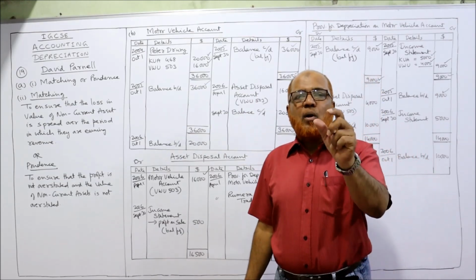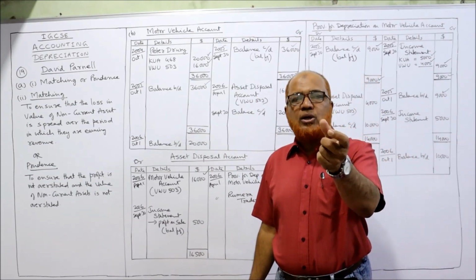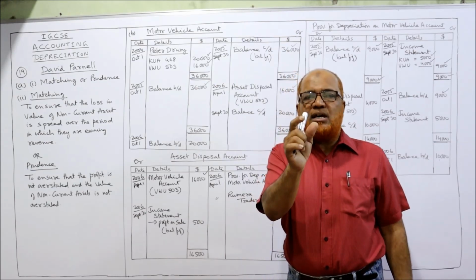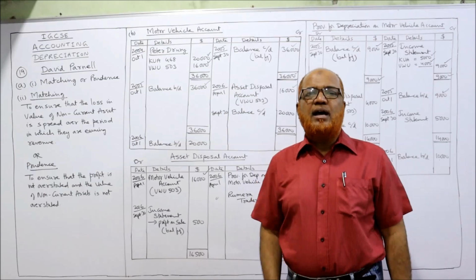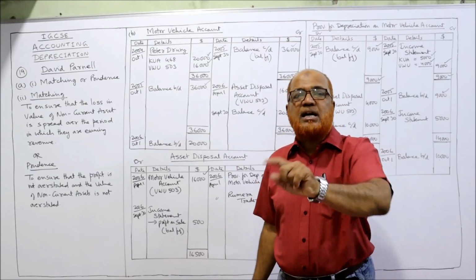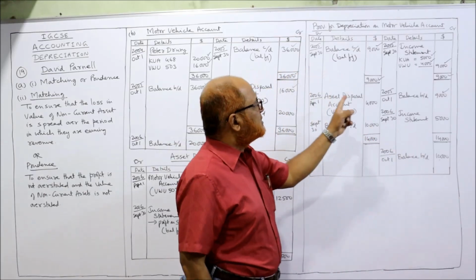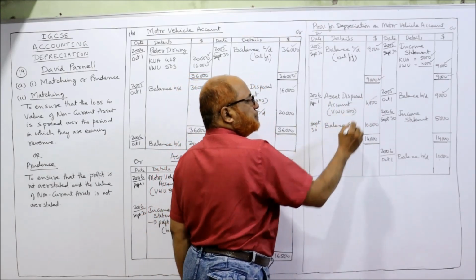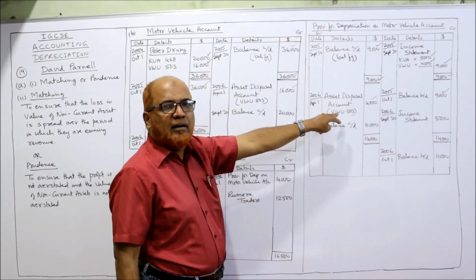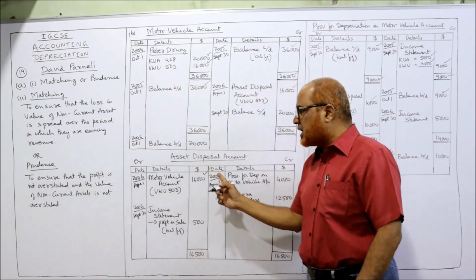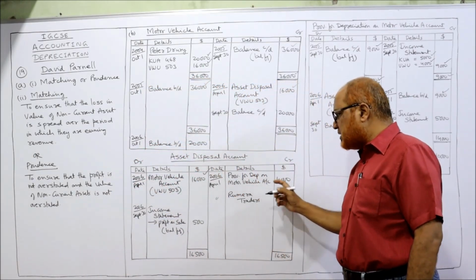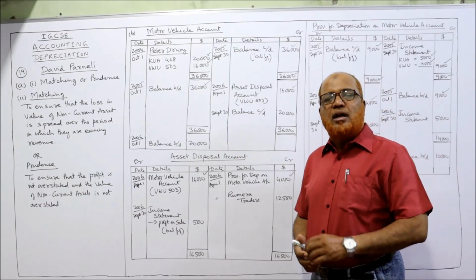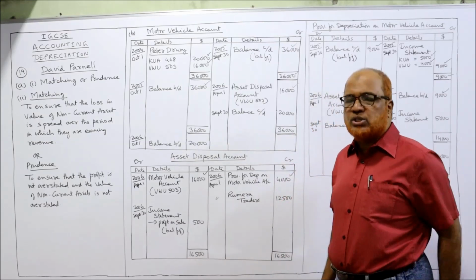The entry will be provision for depreciation on motor vehicle debit, asset disposal credit. So on the debit side I am writing asset disposal account 4,000. Provision is debited, asset disposal is credited. So two entries posted.